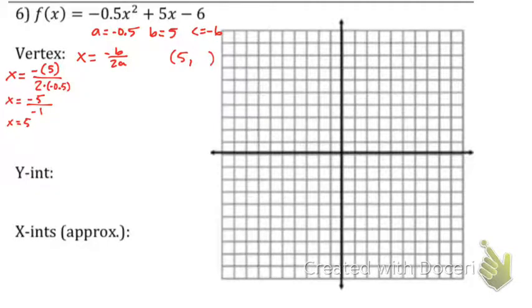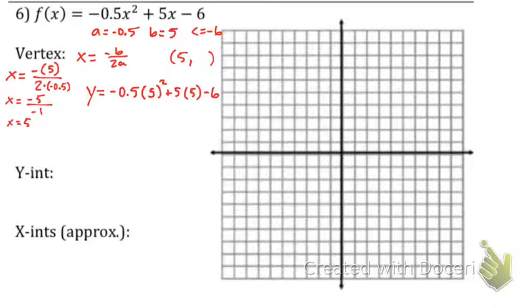Now we need to find the y value. Let's plug in 5 into these spots. So y equals negative 0.5 times 5 squared plus 5 times 5 minus 6.